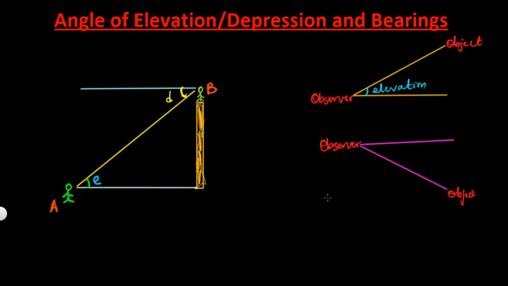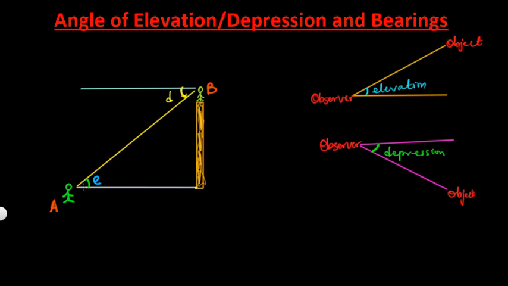For the second case, this is the horizontal ground for the observer. Should he look at the object below, he will be looking at it at an angle of depression. Oftentimes, when we analyze this diagram, it always ends up in a right angle triangle.